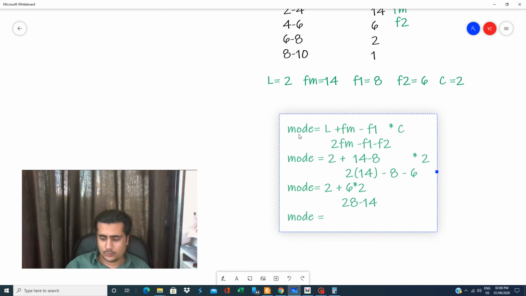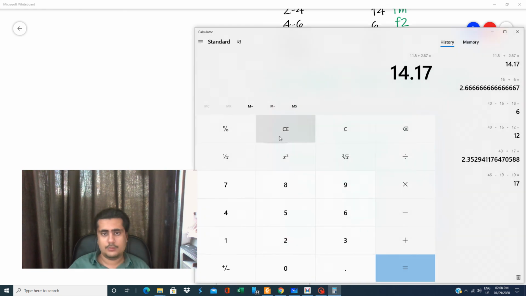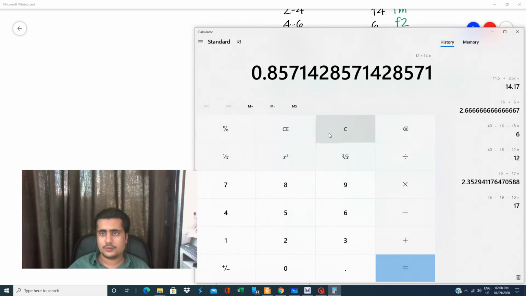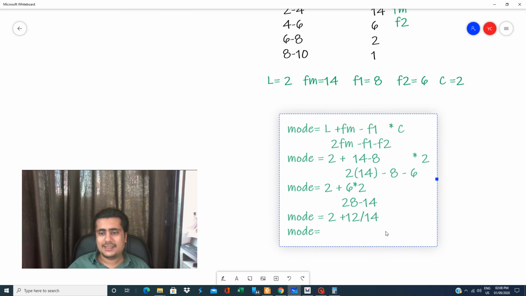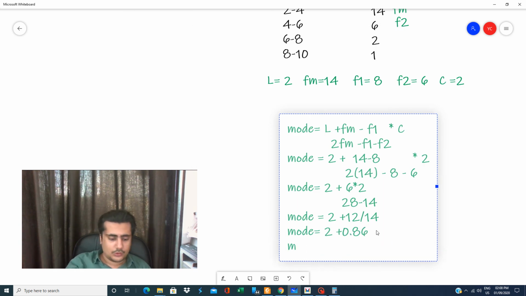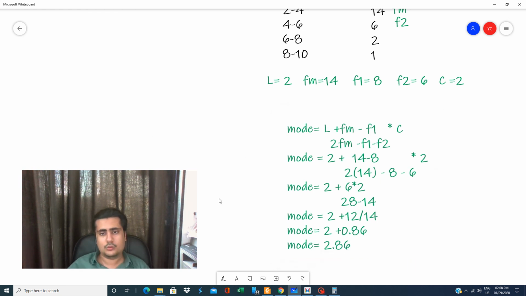Mode is equal to 2 plus 12 upon 14. So 12 by 14 is 0.86. So your mode is equal to 2.86. Now what is this 2.86?